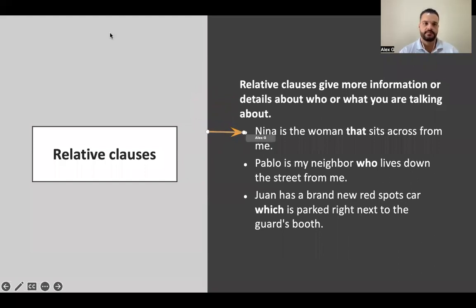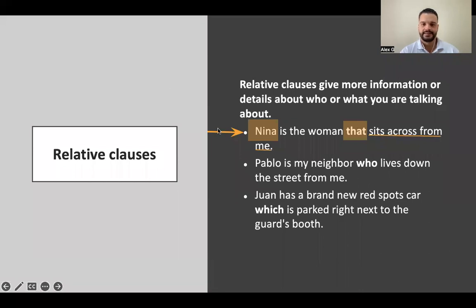The subject is going to be Nina. The relative clause is going to be that. And we give some additional information about Nina. So always when we want to give some additional information, we use the relative clauses.